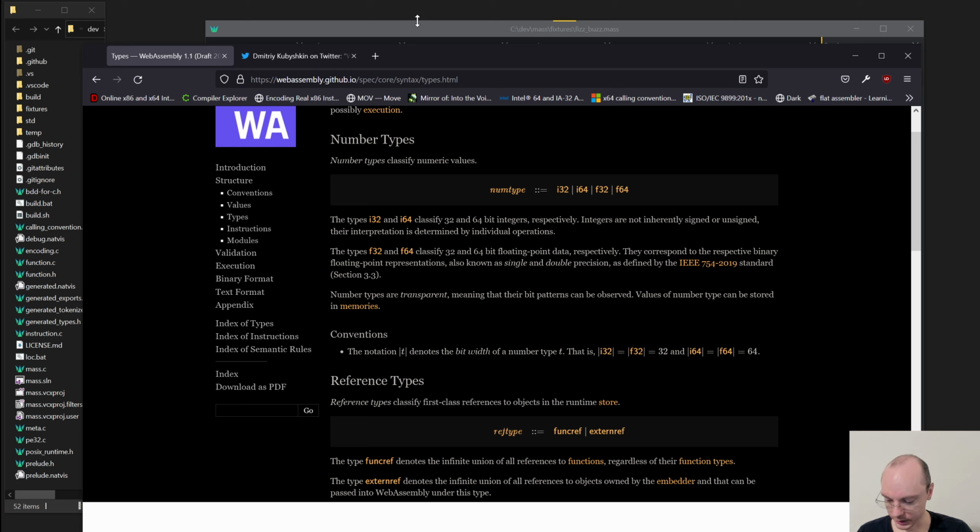So there's going to be a signed multiply and unsigned multiply, signed and unsigned divide. And for addition and subtraction, you don't need different types, because that's one of the cool things about 2's complement, and I encourage you to look into that if you're not aware.